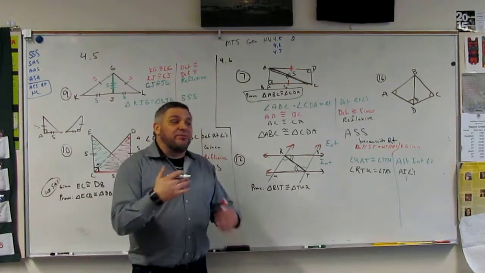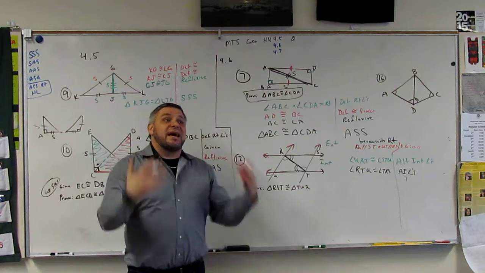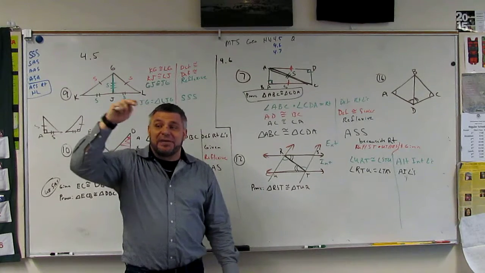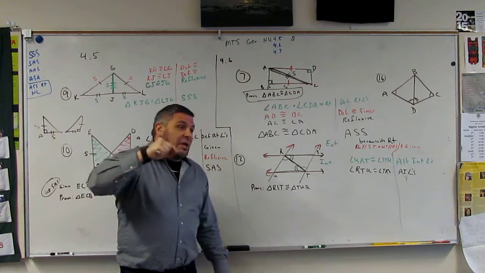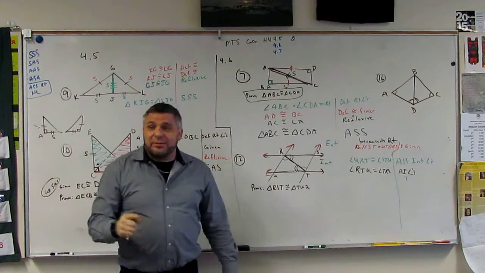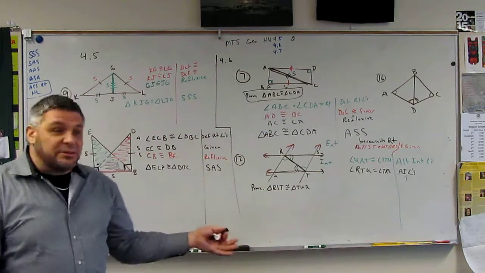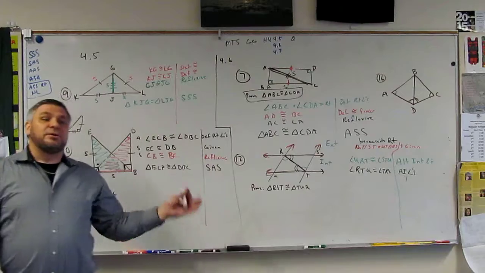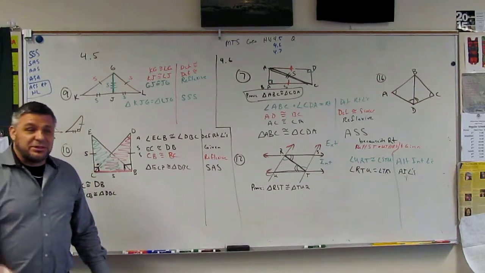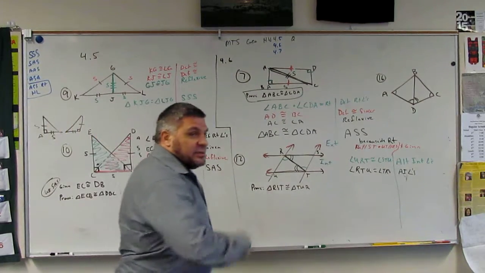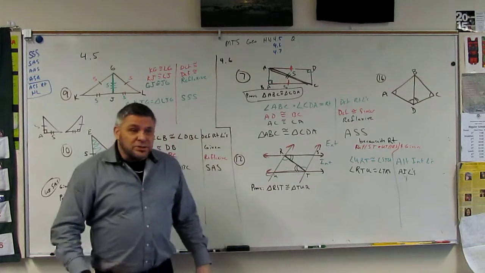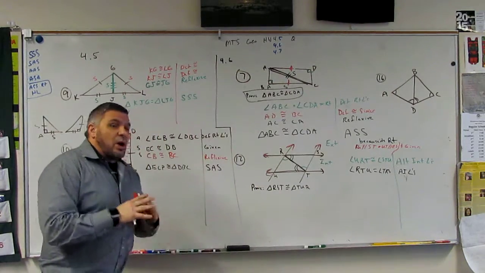All right. So we have a couple of angles, but we need a side. We need either angle, side, angle, or we need angle, angle, side. We need a side. Angle, angle, angle doesn't work for congruency. It works for similarity, which you'll learn in chapter 7, but it doesn't work for congruency. So we need a side. So what do we always look for?